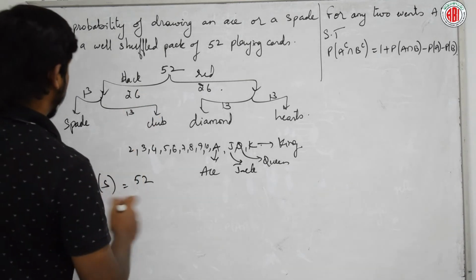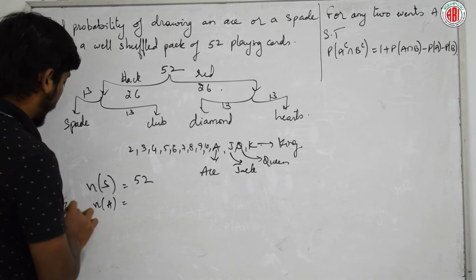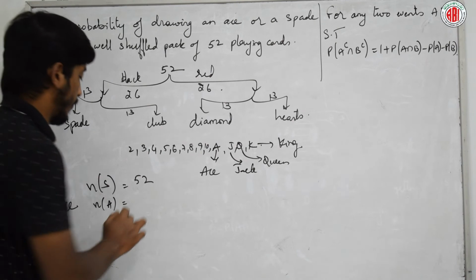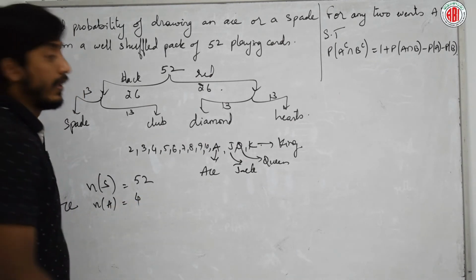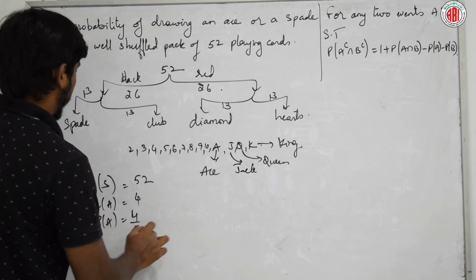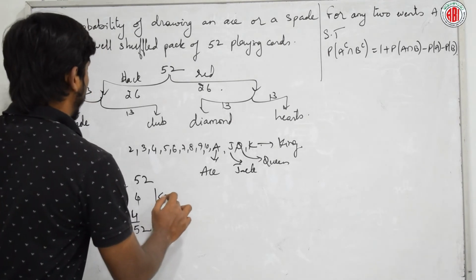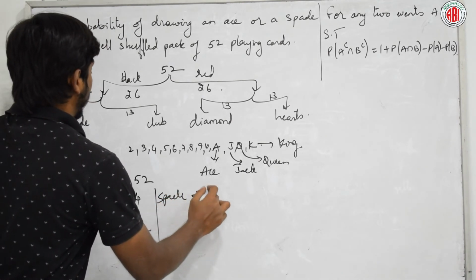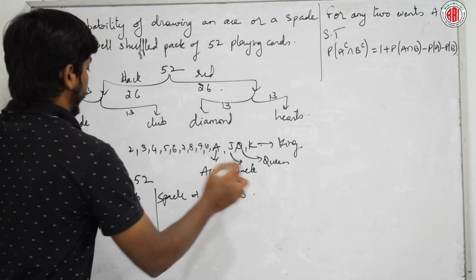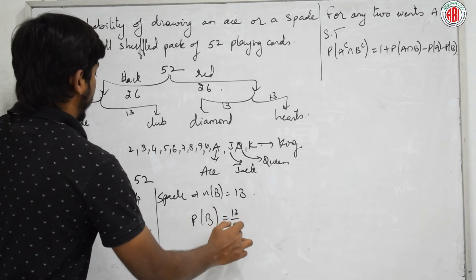Then let us consider A's as A. How many A's do we have? 1, 2, 3, 4. Okay. Then the probability of getting an ace is 4 by 52. Clear? Next, let us talk about spade. How many number of spade do we have? Spade we will have 13. Clear? Then the probability of getting a spade is 13 by 52.